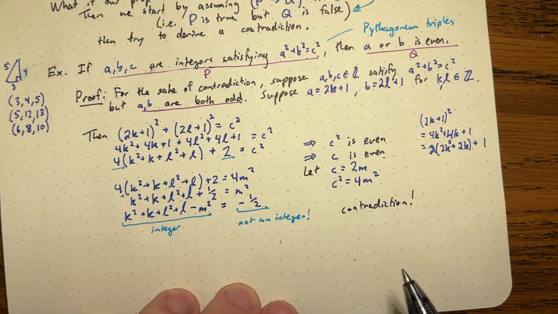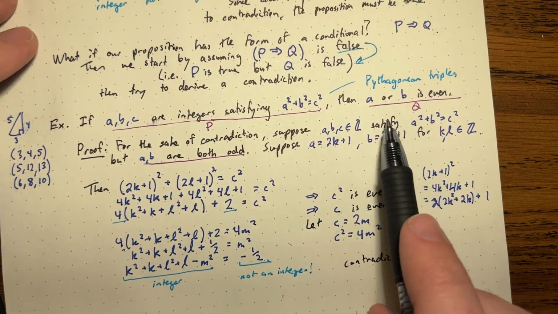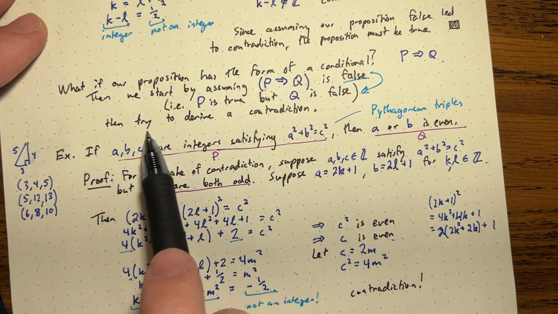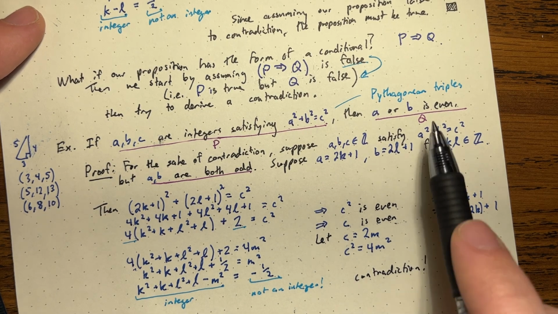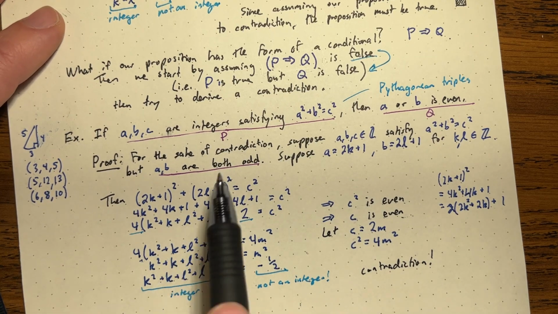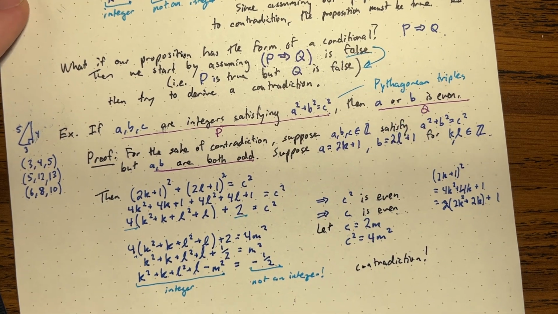And yeah, what's the conclusion? Our assumption was false. Our assumption that this whole conditional statement was false ended in contradiction. Okay? Which means this whole conditional statement is true. Which means if I have integers satisfying this, then one of them has to be even.